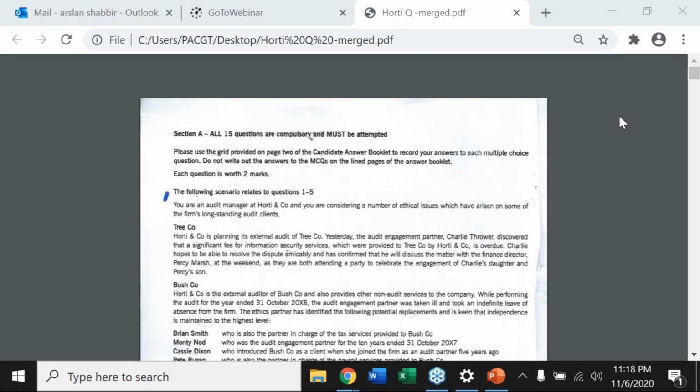Practice is very much important. Regarding Section A, we have discussed something important: you have to pass that paper with some technical tools.